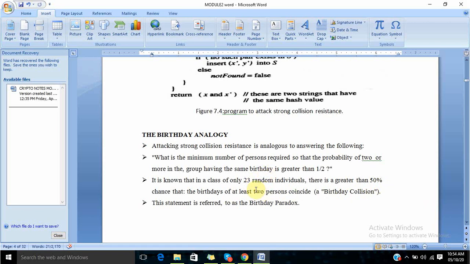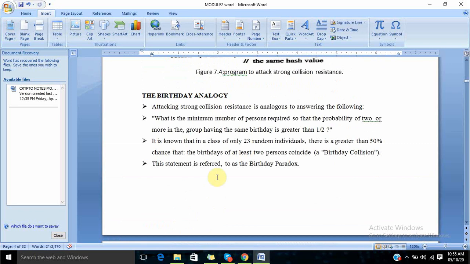Again, I am telling you, students, in a set of 23 people there is a 50% chance that two people's birthdays coincide or come on the same day. So that is what they are telling. This is called the birthday paradox. Next, this is the birthday analogy.